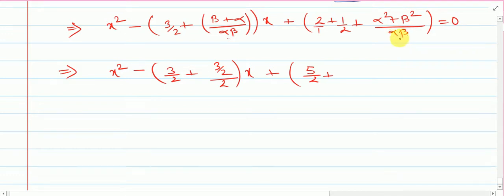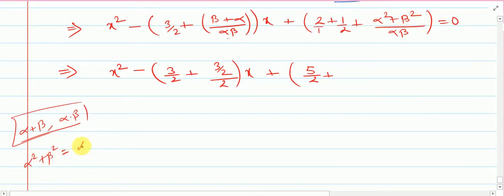Yes, alpha into beta is 2, but alpha square plus beta square you should express in alpha plus beta and alpha into beta. With the help of these two terms you should be expressing this alpha square plus beta square. So you know that alpha square plus beta square can be written as alpha square plus beta square plus 2 alpha beta minus 2 alpha beta.